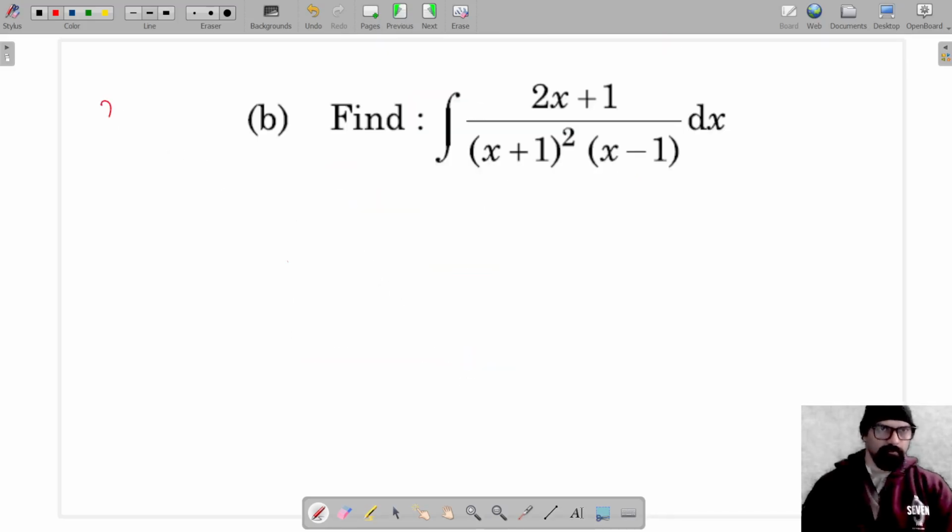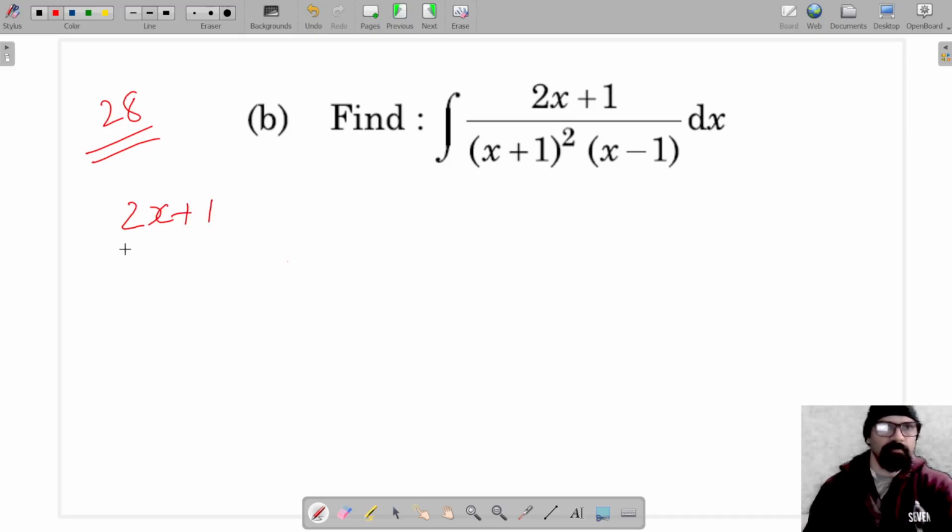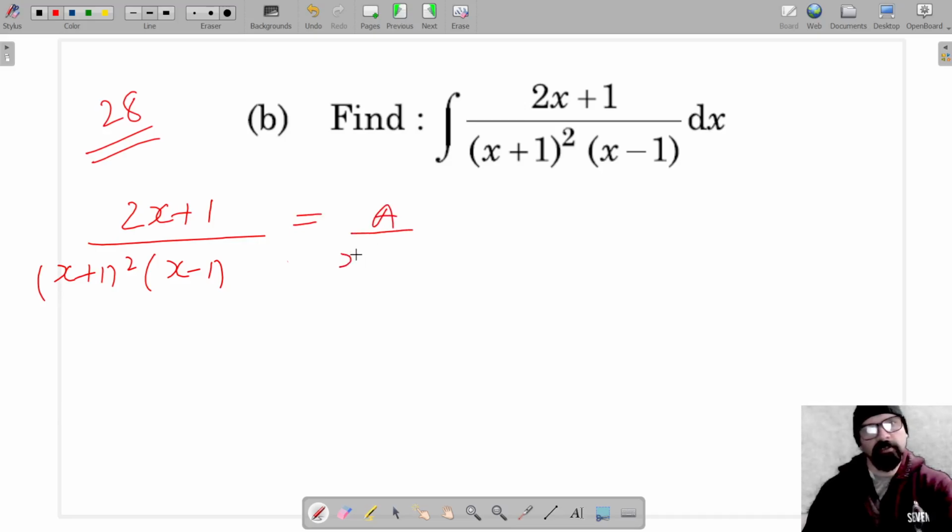Okay, this is question number 28, part B, and we have to find the integral. So let's use the partial fraction method in this case. So 2x plus 1 upon x plus 1 the whole square into x minus 1 can be written as a upon x plus 1 plus b upon x plus 1 the whole square plus c upon x minus 1.